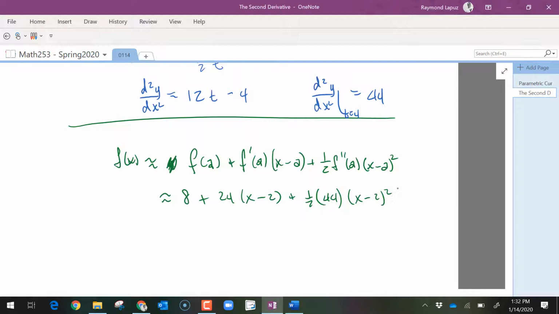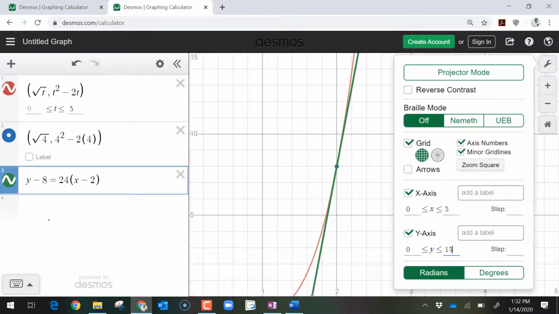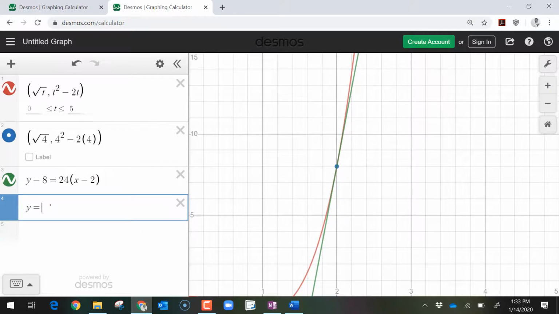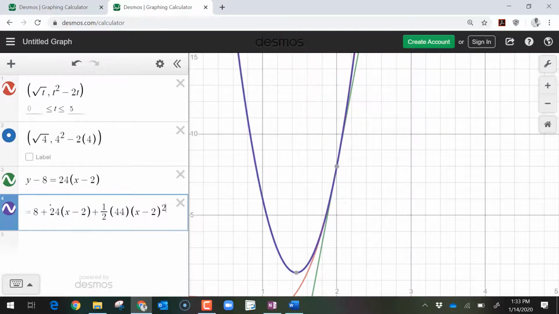Let me plot this point and let me plot this graph and see how it looks compared to the rest of the graph. So y equals 8 plus 24 times x minus 2 plus 1/2 times 44 times x minus 2 quantity squared.